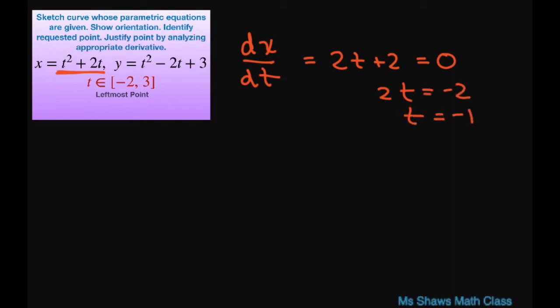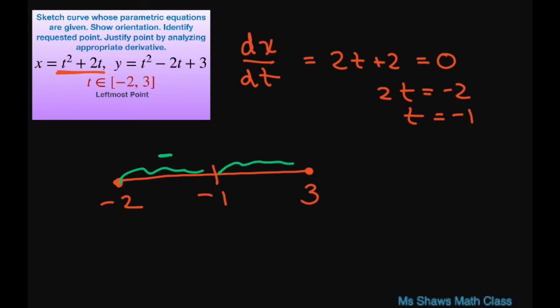It's a critical point. So we're going to put negative 1 here, negative 2 here, and our endpoint 3 here. So looking at this, it's negative for this interval. And for negative 1 to 3, it's positive.